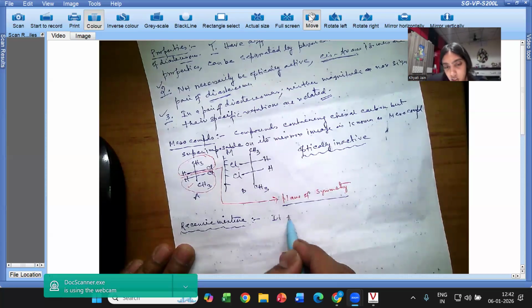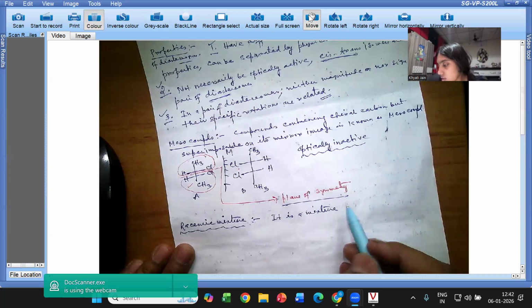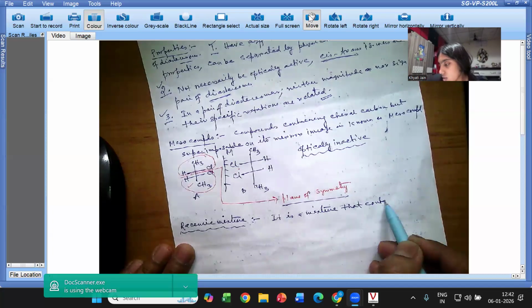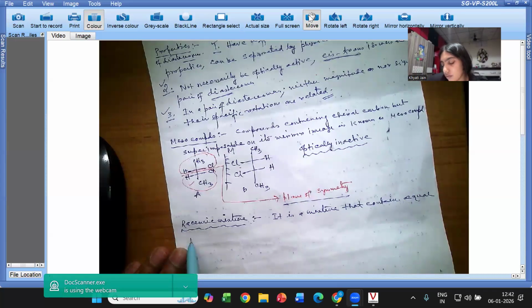It is a mixture that contains equal amounts of enantiomers, right?